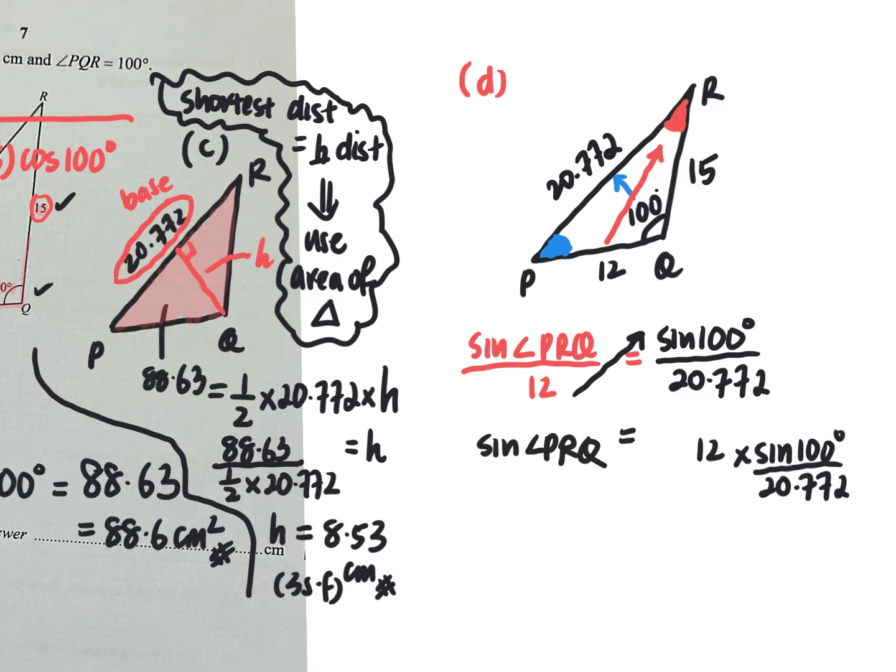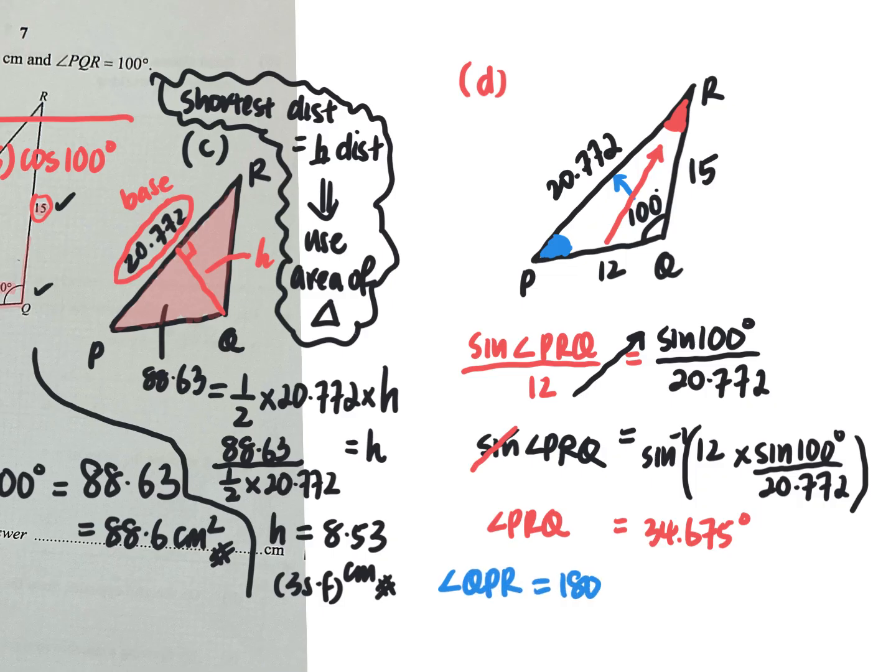Okay, but if you don't want to work so hard and copy this whole thing again, you can just bring the sine inverse over this whole thing. What is it? 4.675. Okay, so this red angle is 34.675.